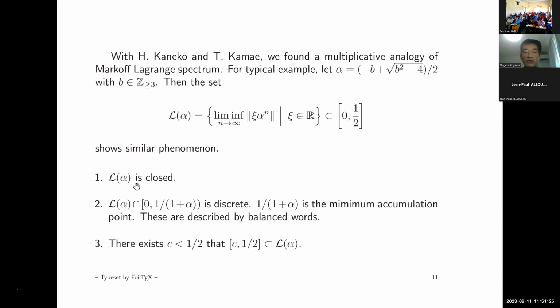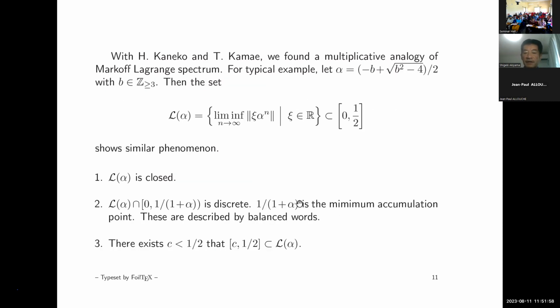So first of all, this L of alpha is closed. The minimum accumulation point is 1 over 1 plus alpha, and this is less than 1/2 because alpha is greater than 3, so this is something like 1/4. Then this part is discrete, and this part is described by balanced words.